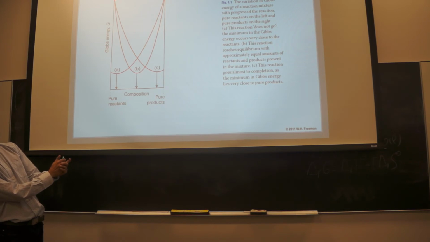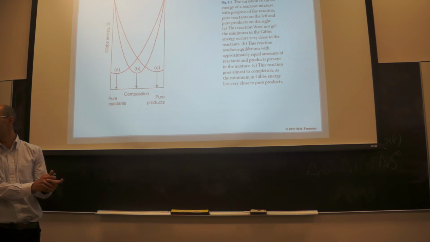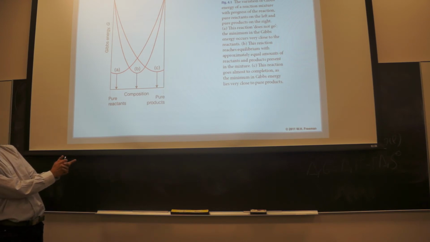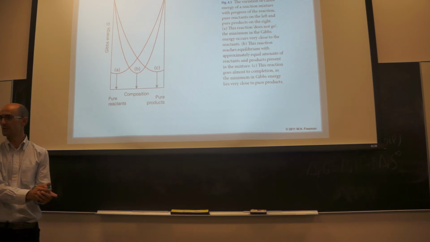If I ask you, is the reaction of A to B going to be spontaneous if you start here? The way that you would do this is say, tell me how the Gibbs energy changes for that step. And you'll say, well, the Gibbs energy actually drops, which means that I'm going to be losing Gibbs energy. That's good. That will be a delta G that is negative, and that will be spontaneous.